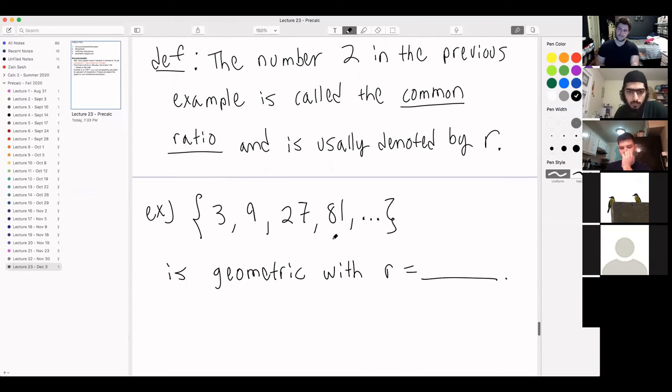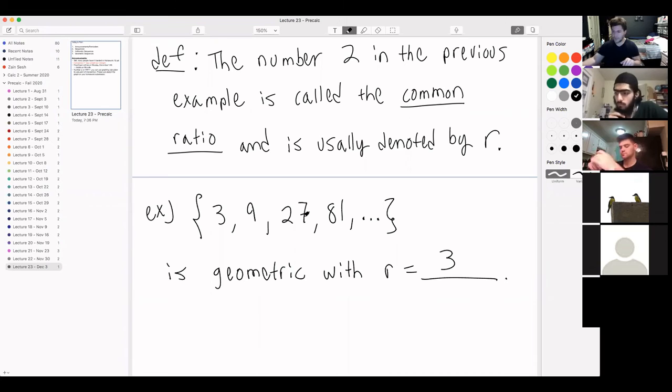What do you get when you divide each term by its previous term? 3. Yes, 3. Thank you, Kristen. Yeah, it's 3 because just quite simply, 81 divided by 27, 3, 27 divided by 9 is 3, and so on. All right, very good.